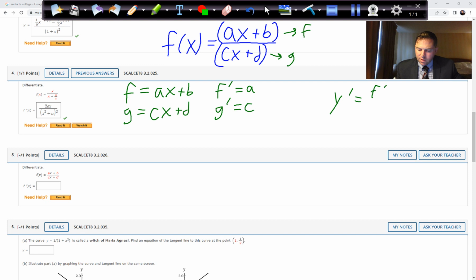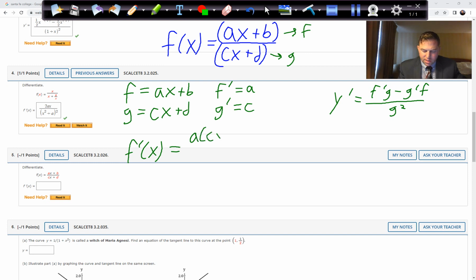We're going to use f prime g minus g prime f again over g squared. So we're going to get the derivative of the function is f prime, which is a, times g, which is cx plus d, minus g prime, which is c, times f, which is ax plus b, all over g, which is cx plus d squared.